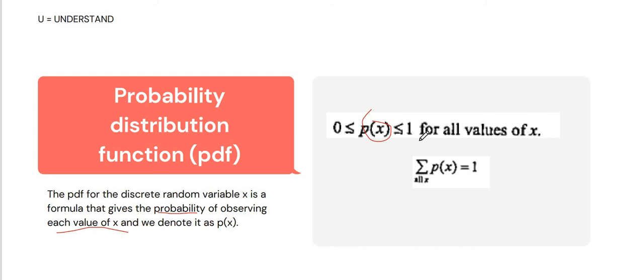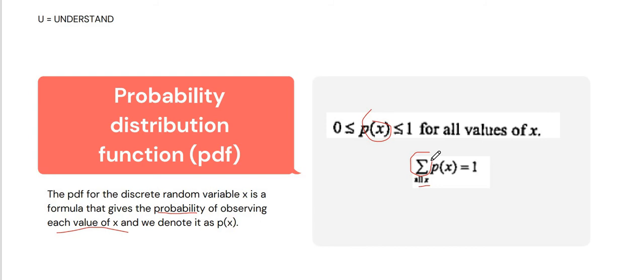And the total, you can see the words here, "all X". So all X means, and this summation symbol means addition. You sum all the probabilities.